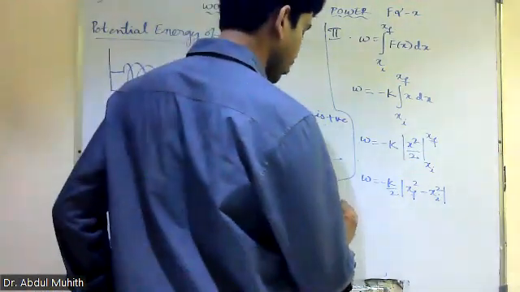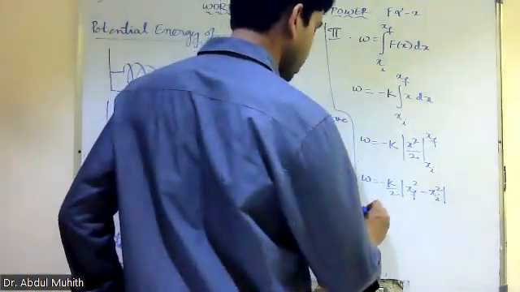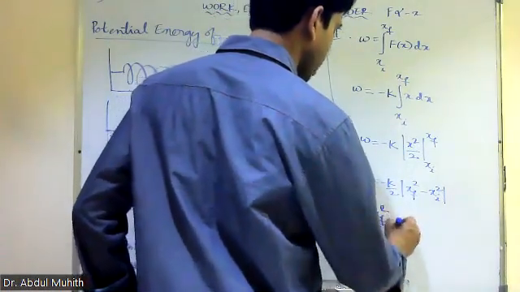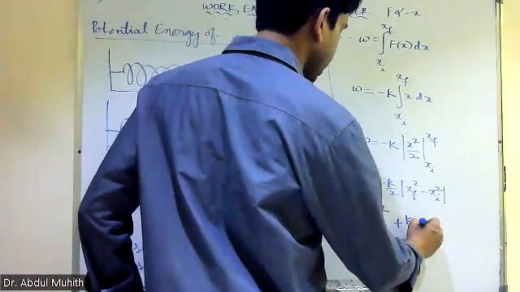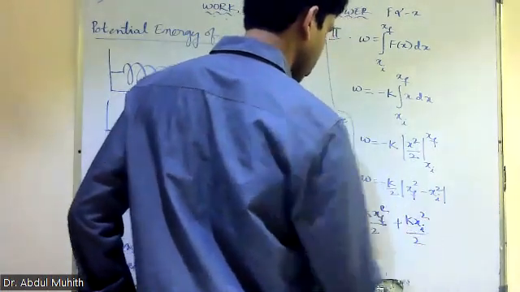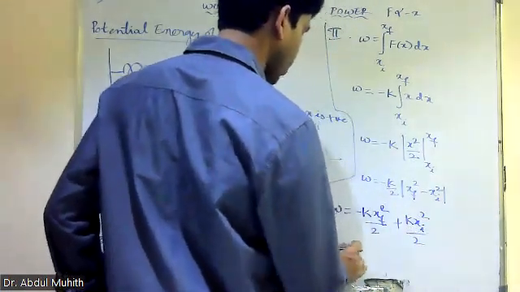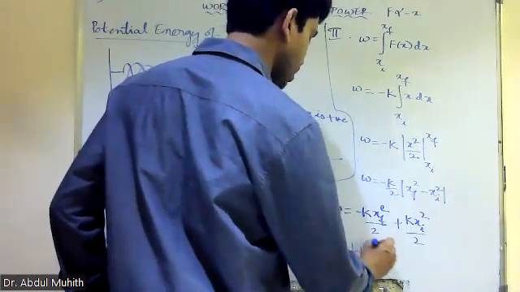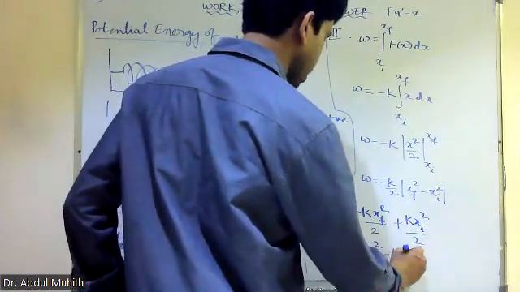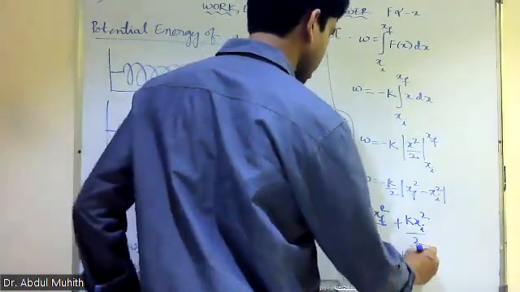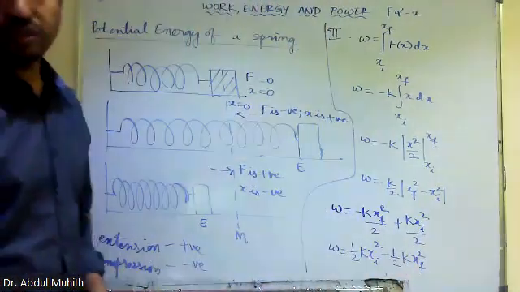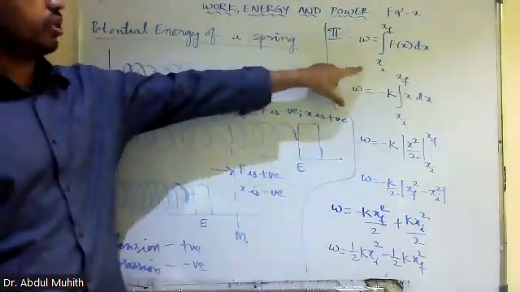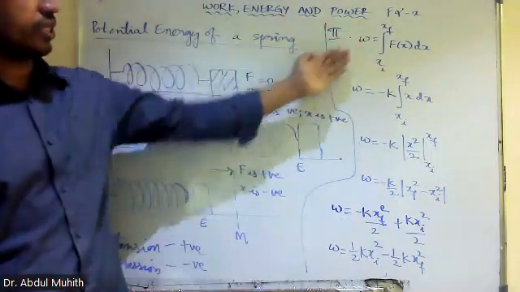So W equal to what? W equal to minus k into x square by 2, minus of minus will become plus k xi square by 2. So W equals half k xi square minus half k xf square. Once again, see here, W equal to integration xi to xf f(x) dx.